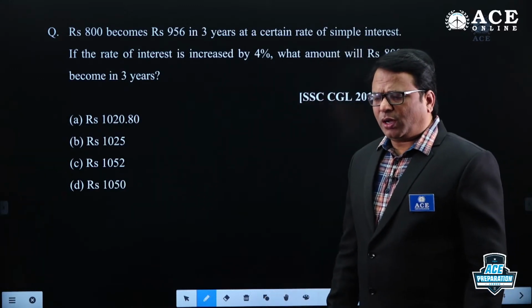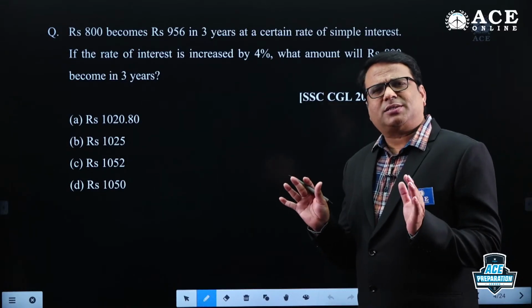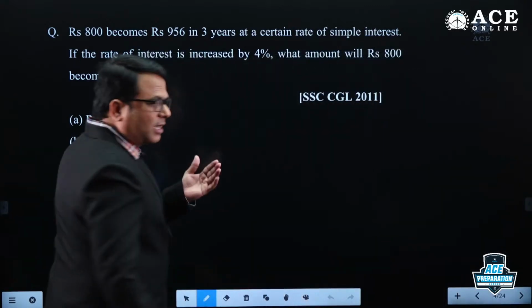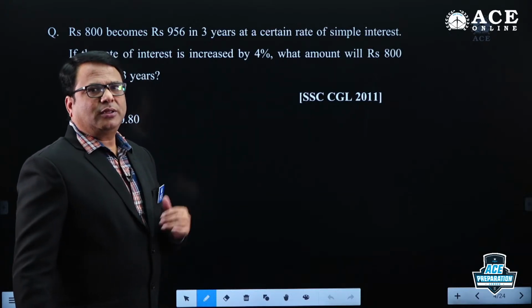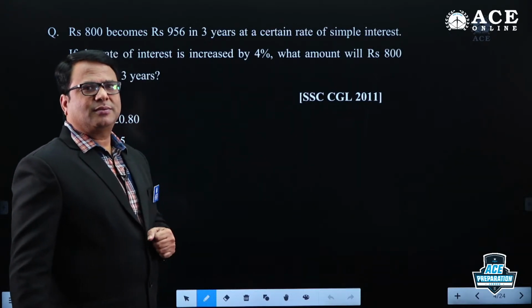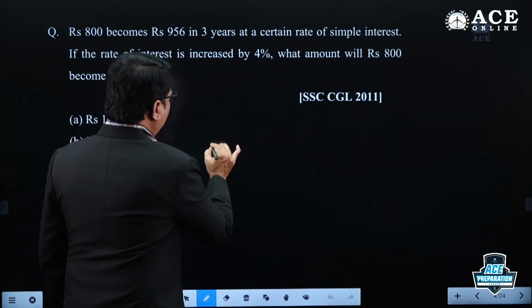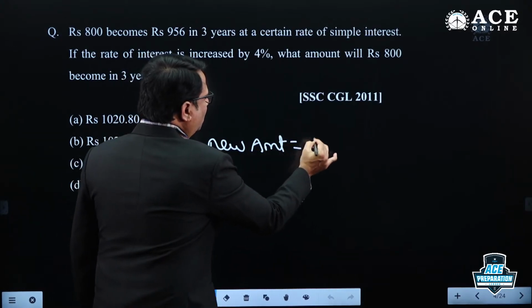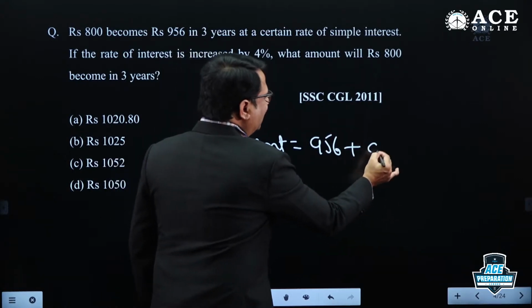Now, I do this problem not in the traditional style, but in an advanced version. If the rate of interest is increased, then the amount will also increase. So I do it like this. The new amount equals 956 plus additional amount.